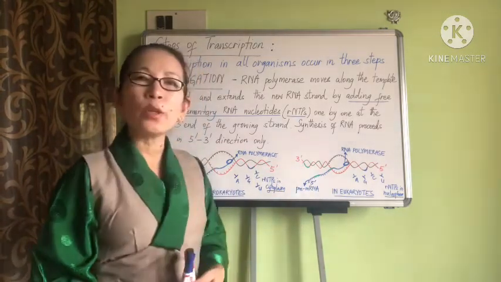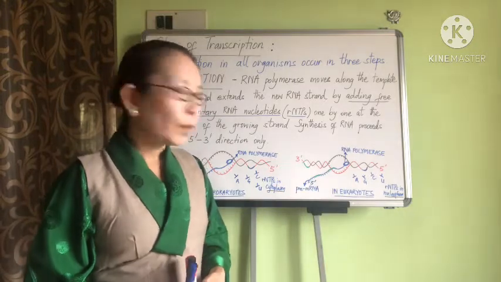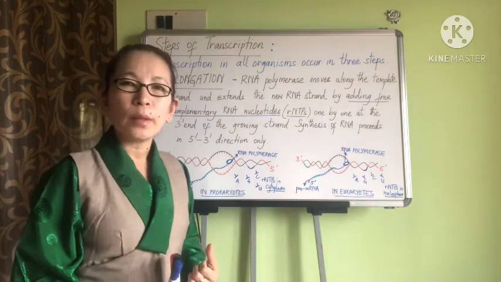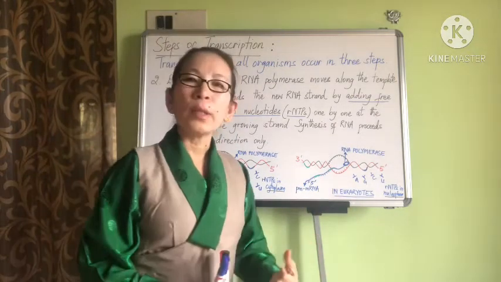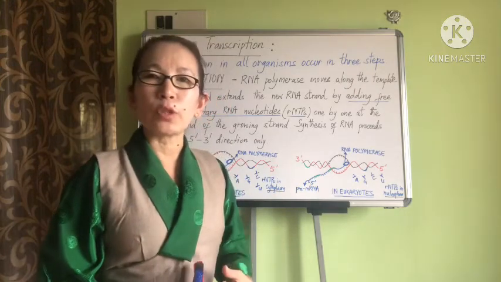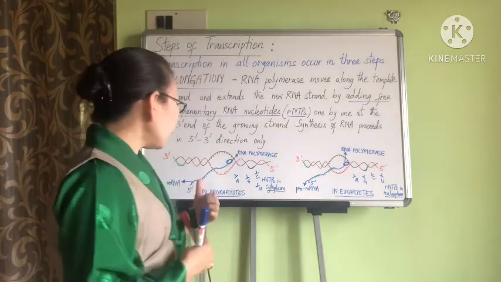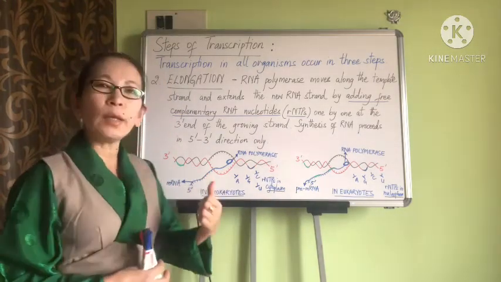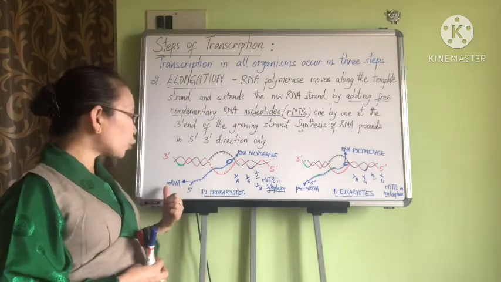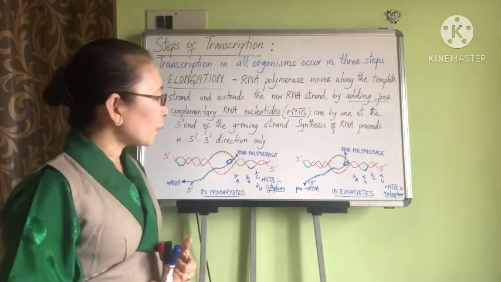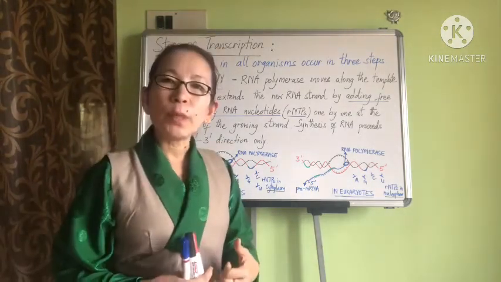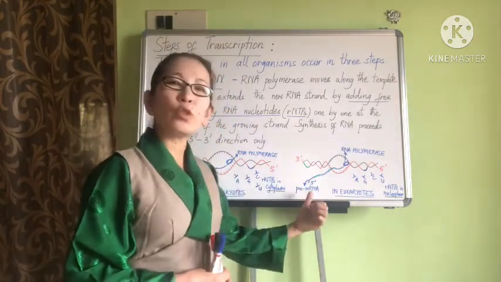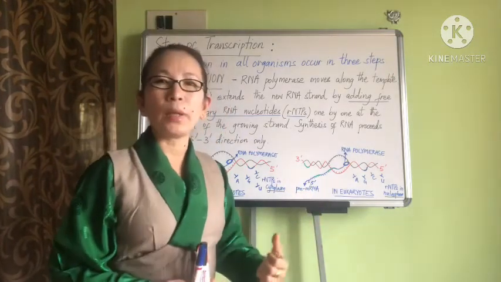If you recall, the structural gene in prokaryotes is an uninterrupted gene, while the structural gene in eukaryotes is a split, or interrupted, gene. So the uninterrupted gene in prokaryotes results in an uninterrupted transcript, or mature mRNA, whereas the split gene in eukaryotes results in an interrupted transcript, or pre-mRNA.